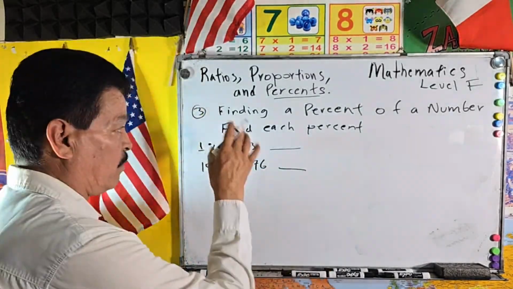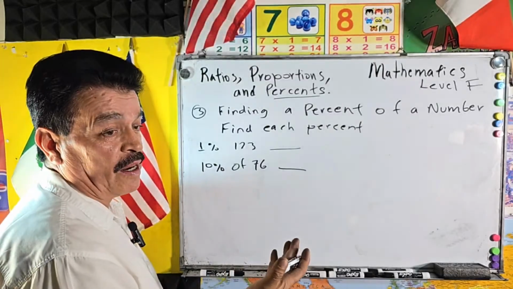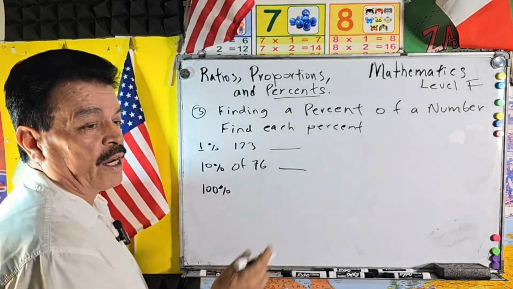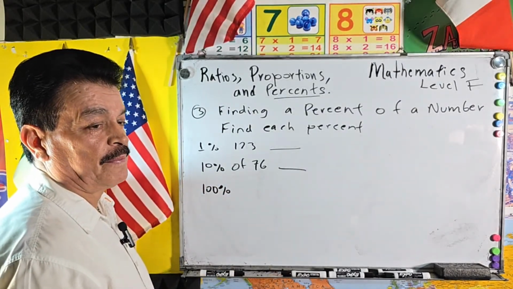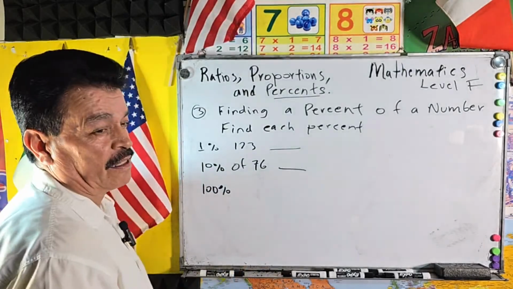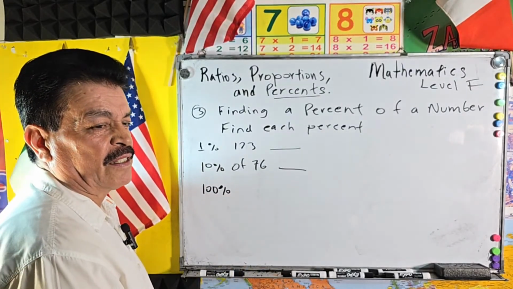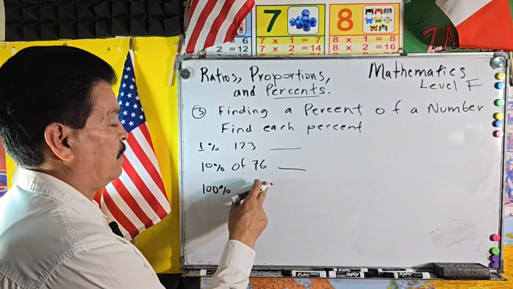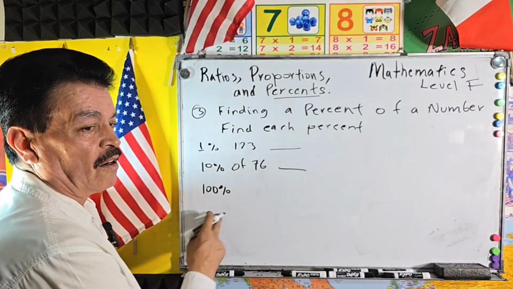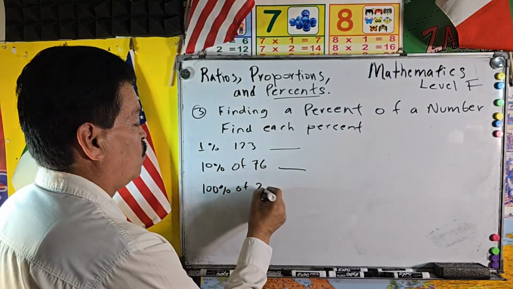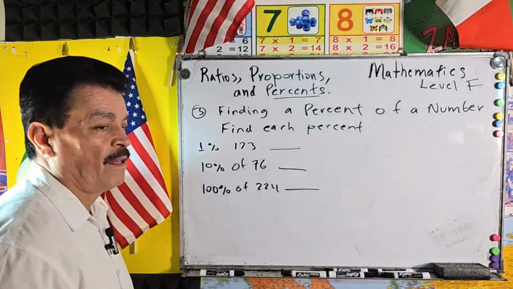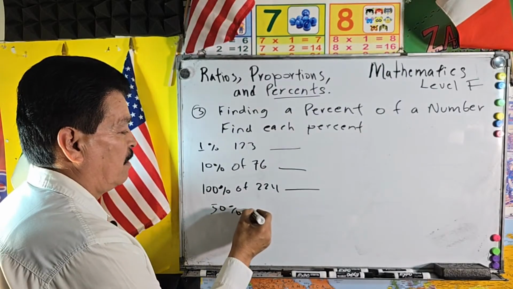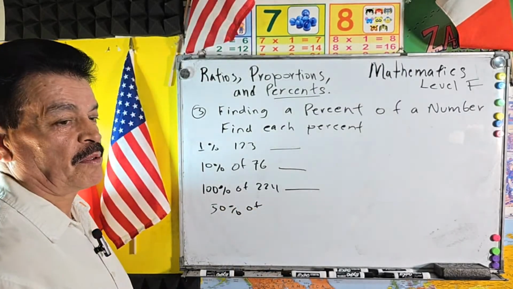That's why I'm writing in the way that probably comes in your mathematics test. 100% of 76, then 10% of 76, and then 100% of 224. 50%, let's try 50% of 61.